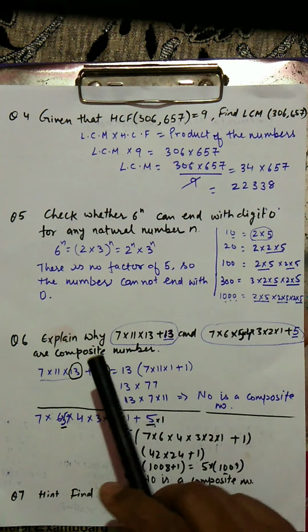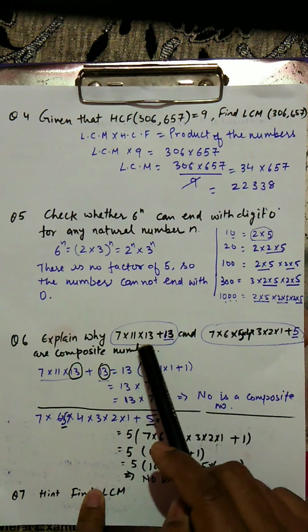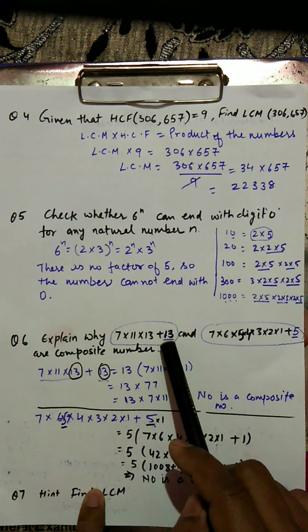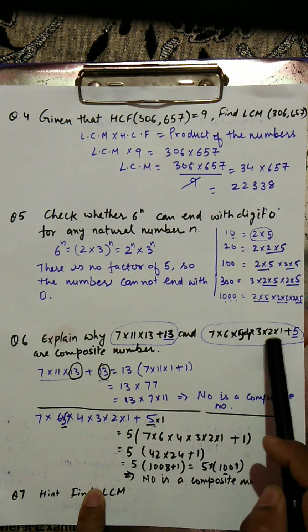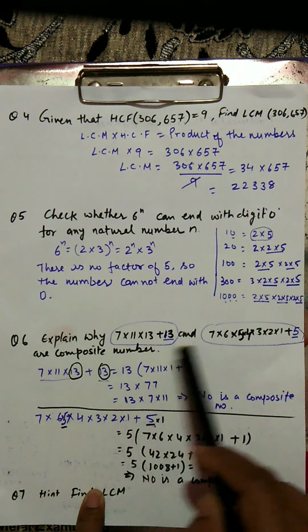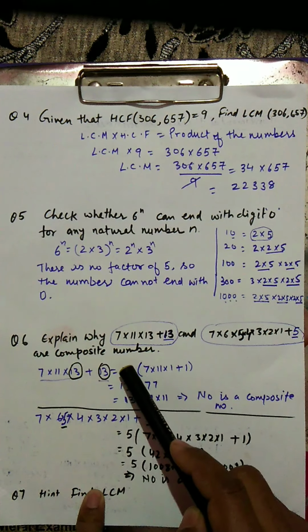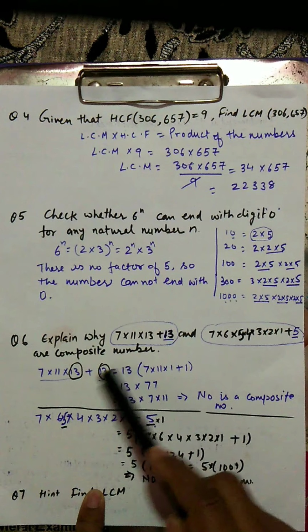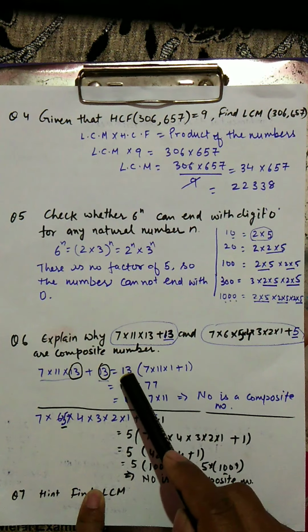Now come to question number 6. Explain why 7 into 11 into 13 plus 13, and 7 into 6 into 5 into 4 into 3 into 2 into 1 plus 5 are composite numbers. So you see 7 into 11 into 13 plus 13. You can see this 13 is common, so I have taken it common in the bracket.